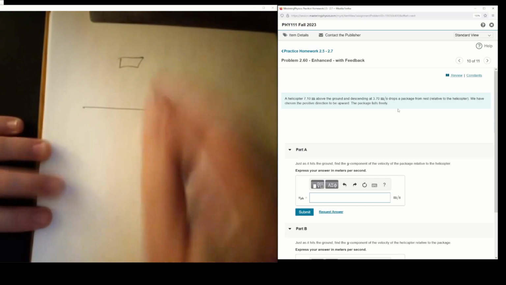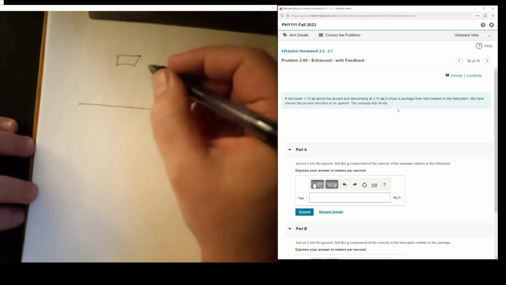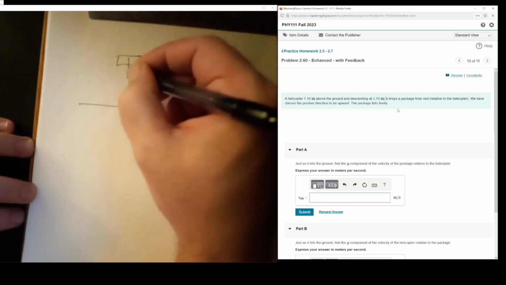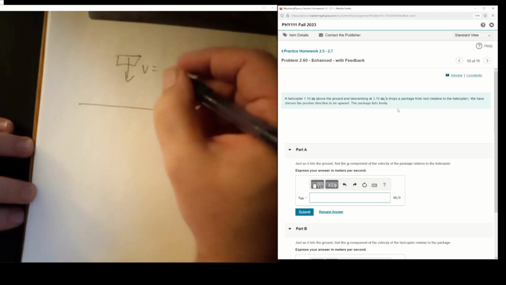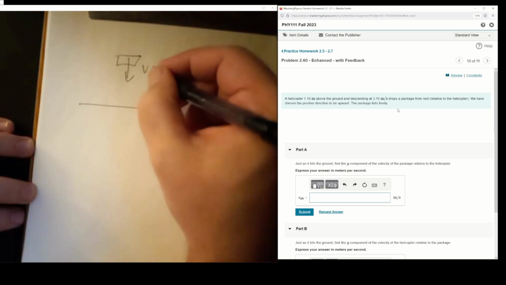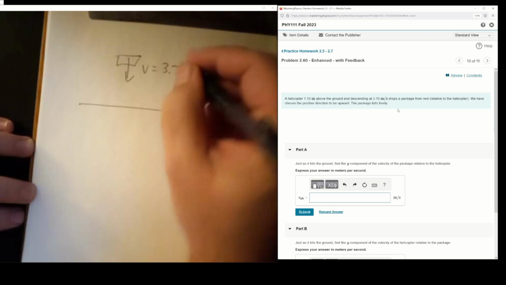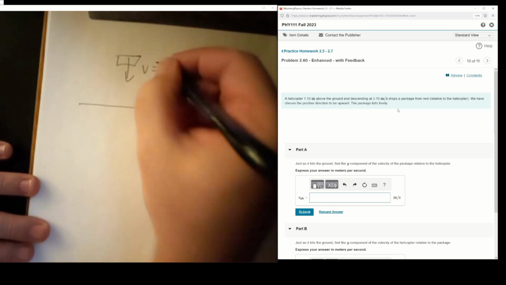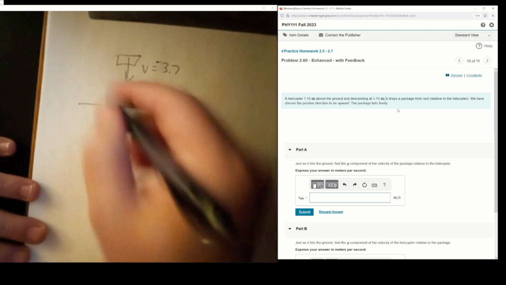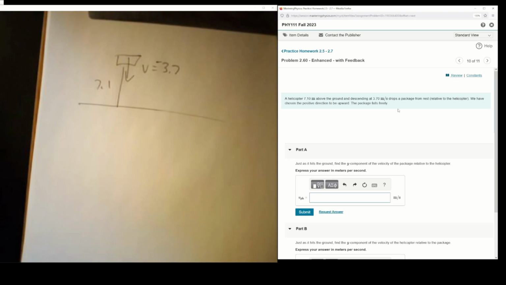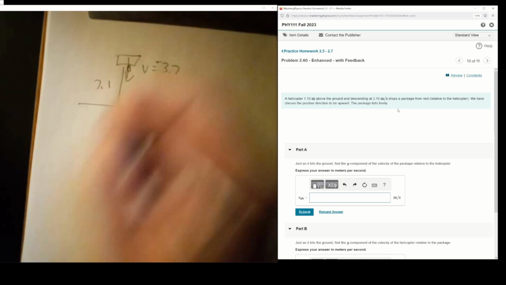So here is our picture. We got our helicopter. It's just this flying box, and it's descending. So it's going down with a constant velocity here because they don't say there's any acceleration. They just say it's descending at minus 3.7. So constant velocity of descent. And it is 7.1 meters above the ground while it's doing this and dropping the package.